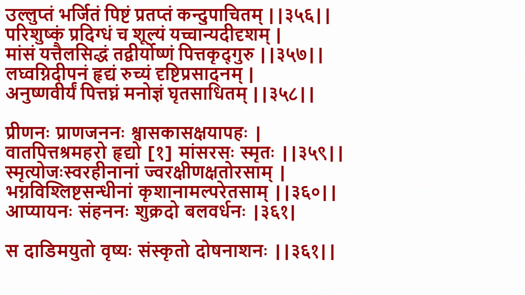If the same ullutta bharjita, meat which is beaten and then fried, heated in a pot, kandupakvam, or parishushkam, dried, or pradigdham cha, covered with some other substance, and all such varieties, and when it is processed with taila, oil, kebab, now these kinds of things are called kebab, I am not very sure about that.